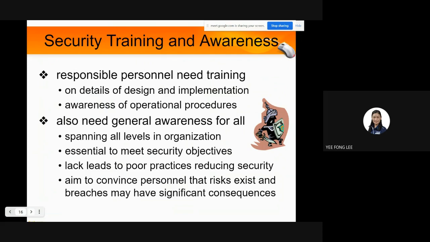The aim is to convince personnel that risk exists and breaches may have significant consequences. So we need to clearly deliver the message about the consequences and the seriousness when the risk exists, which is against the company policies and objectives.